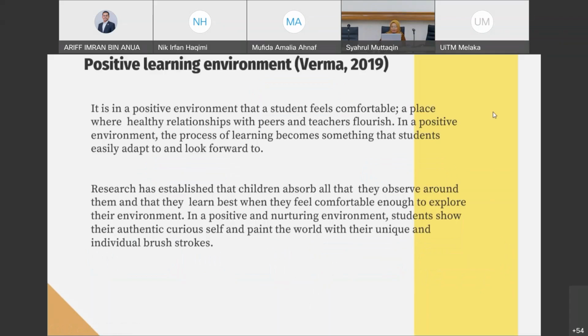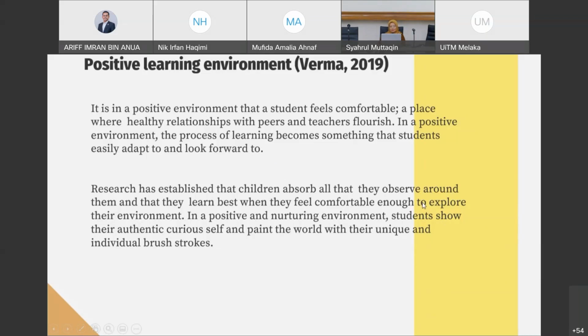Yeah. When students are in positive learning environments, they will feel comfortable. Yeah, it is a place where healthy relationships with the peers and also the teachers flourish. Yeah. And then the process of learning becomes something that the students can easily adapt to and look forward to.